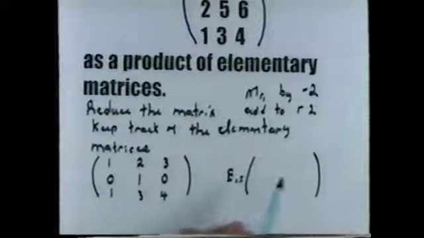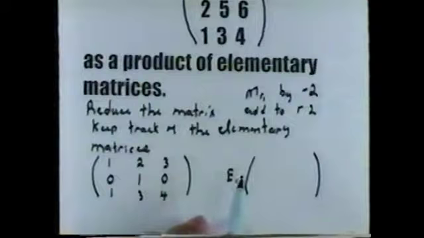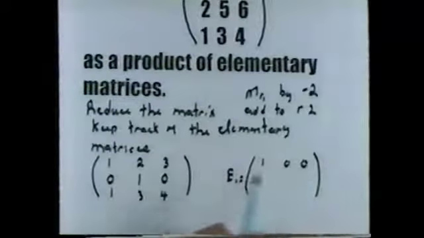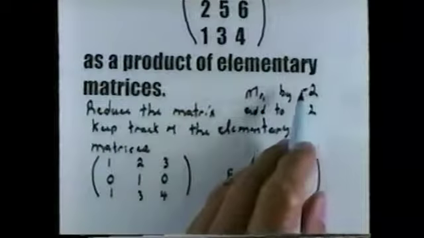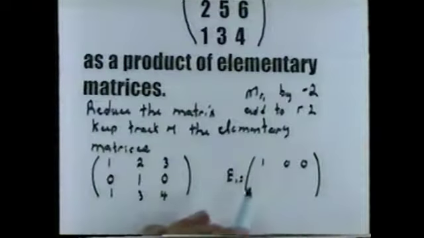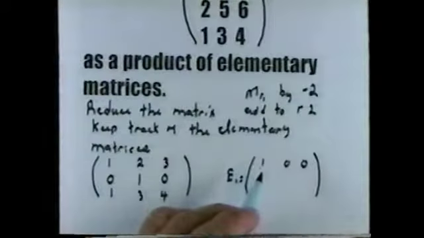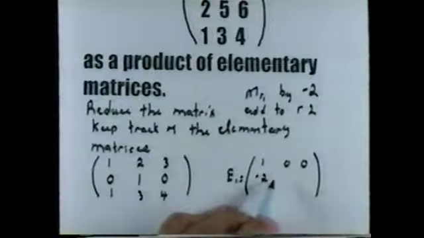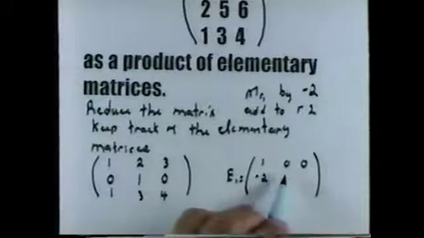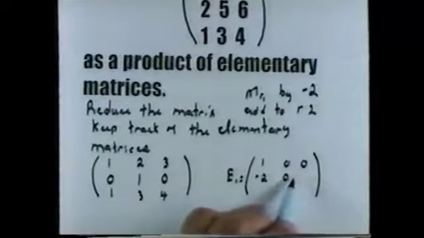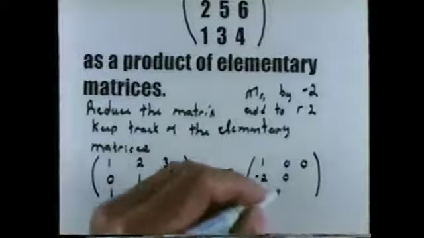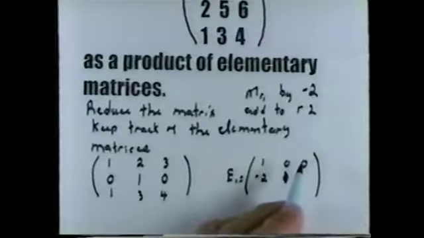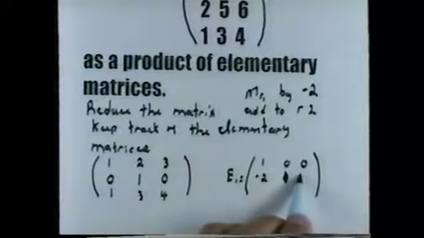Now we're going to do the same thing to the identity matrix. Leave row 1 the same. For row 2, I multiply row 1 by negative 2 and add to row 2. If I go to the identity matrix, negative 2 times 1 is negative 2, plus 0 is negative 2. Negative 2 times 0 is 0, plus 1 is 1. Negative 2 times 0 is 0, plus 0 is 0.